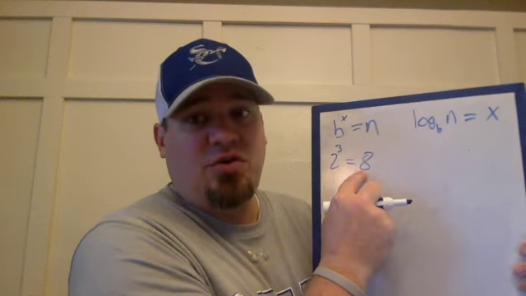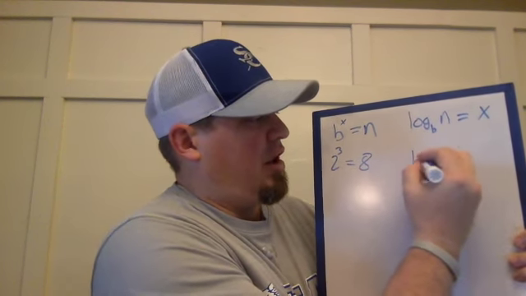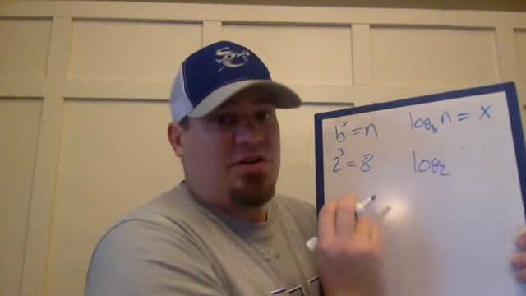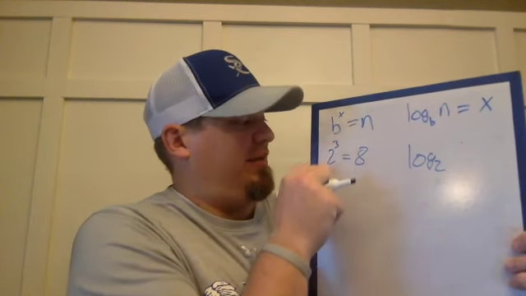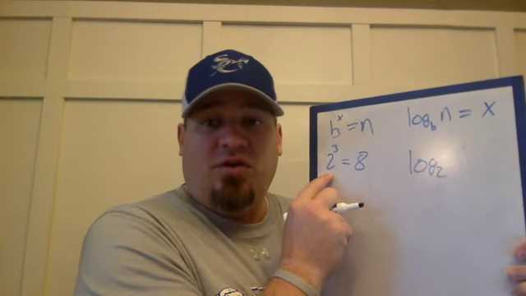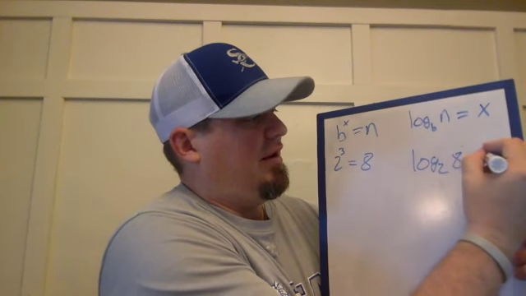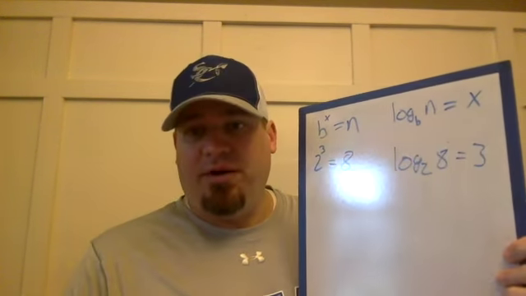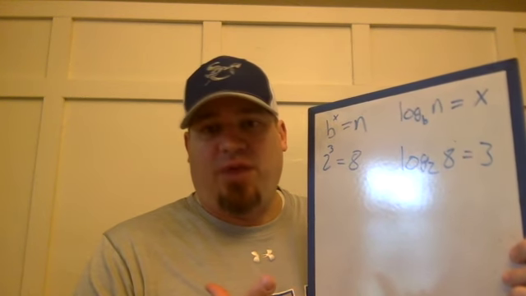So I can write 2 cubed equals 8 as a logarithm by saying the log base 2. Okay, that's how we say a logarithm, base 2, because the base of the exponent was 2, of 8 is 3. Okay, all I'm doing is I'm changing the order of things around.